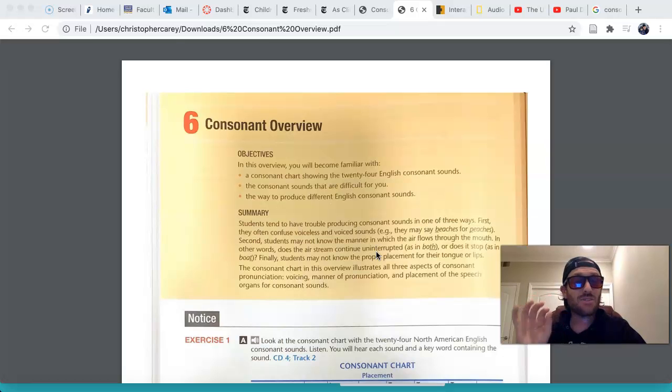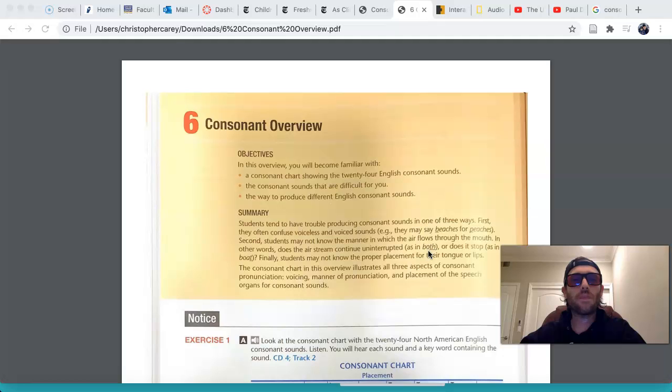Try to say that fast. Air flows freely. Gotta go slow with that. Uninterrupted. For example, when we pronounce both, the TH consonant sound allows air to flow freely through the mouth.